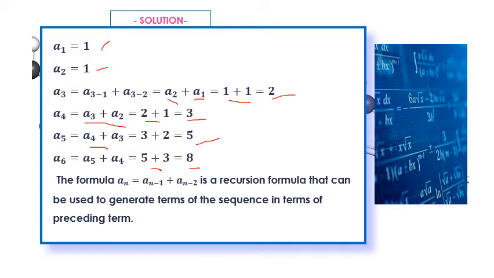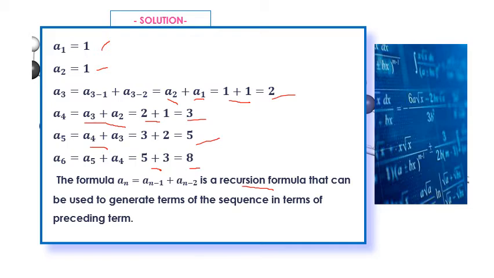So, take note that a sub n is equal to a sub n minus 1 plus a sub n minus 2 is our recursion formula. A recursive formula can be used to generate terms of the sequence in terms of preceding terms. So, you can predict the next term of the sequence using the preceding terms.